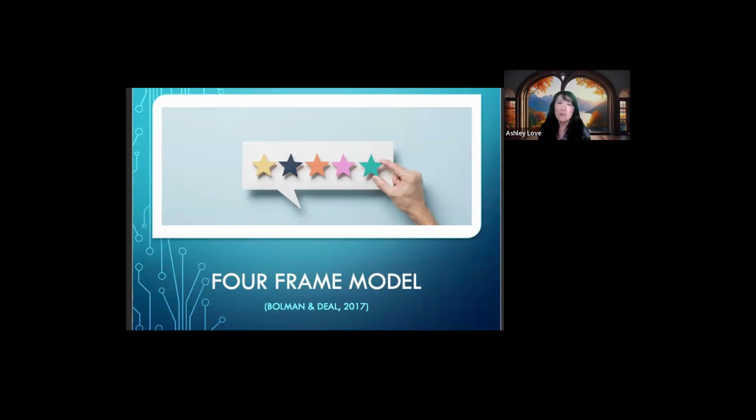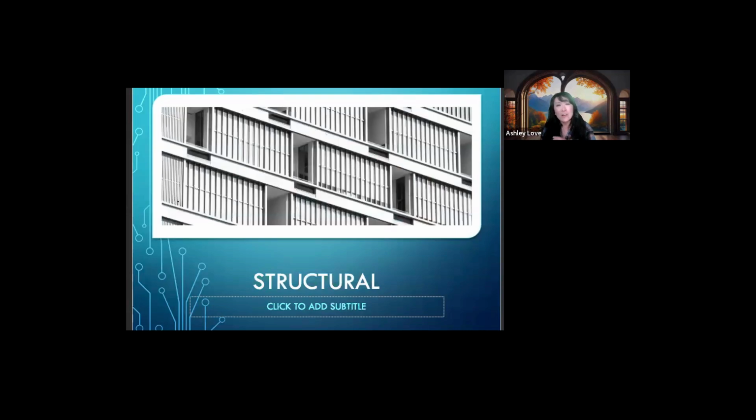So I want to go into the four frame model because this is going to speak to the next worksheet that you're going to work on. How do you create that roadmap for the organization to make sure that they are able to change and be willing to adapt the learning technology, or the technology that you are introducing to the organization?